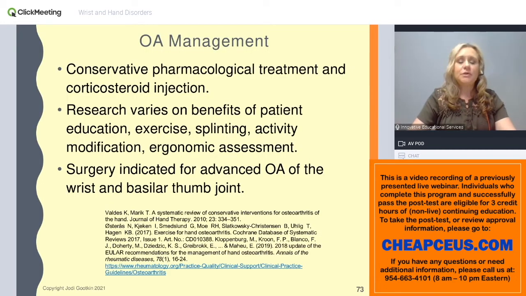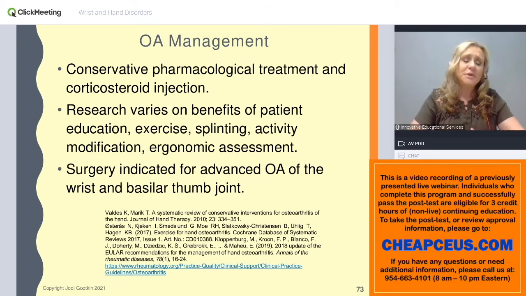Management of osteoarthritis for the wrist and hands, looking at a 2017 Cochrane review. It was a meta-analysis. They pulled all the research. I was very excited when I found it, only to find out their conclusion was that, in general, there was low-quality evidence for the wrist and hand, unlike the hip and knee where all the research is set.